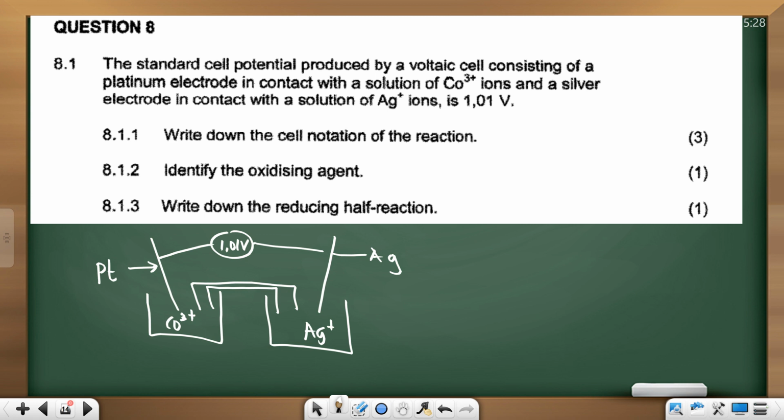Let me help you here quickly. Guys, don't look for platinum, please. You are looking for Co3+ and silver, not platinum. Platinum is an inert electrode.